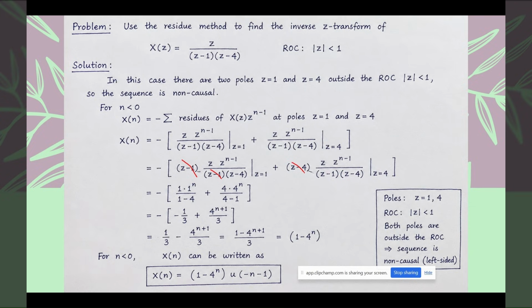Substitute the z value 1 in this equation, you will get minus 1 by 3. Similarly, substitute the value z here, you will get like this. If you simplify this, since both the poles are outside the ROC, it is a left hand sequence and it is non-causal. What we do is we multiply with u of minus n minus 1.